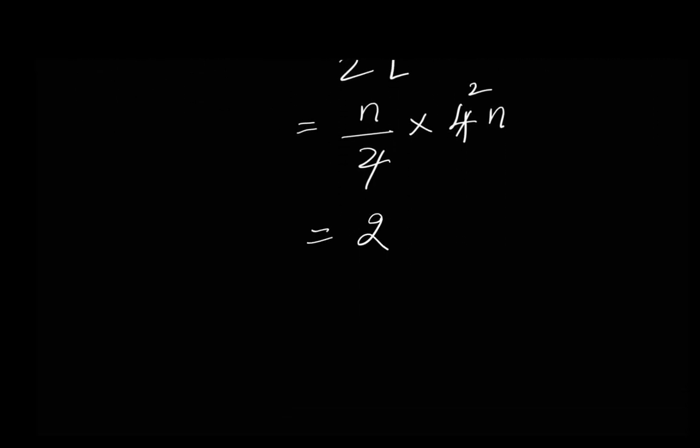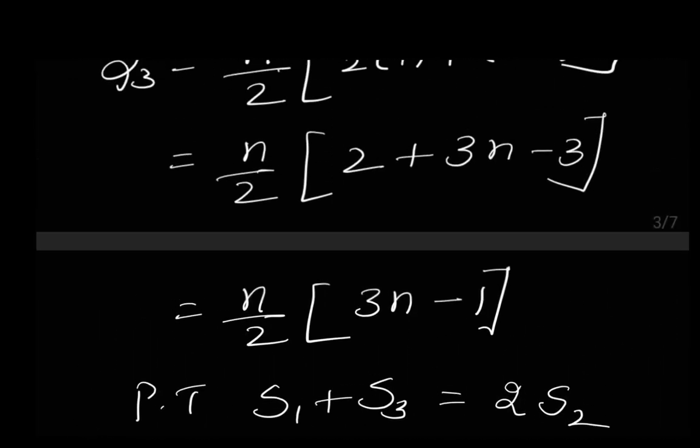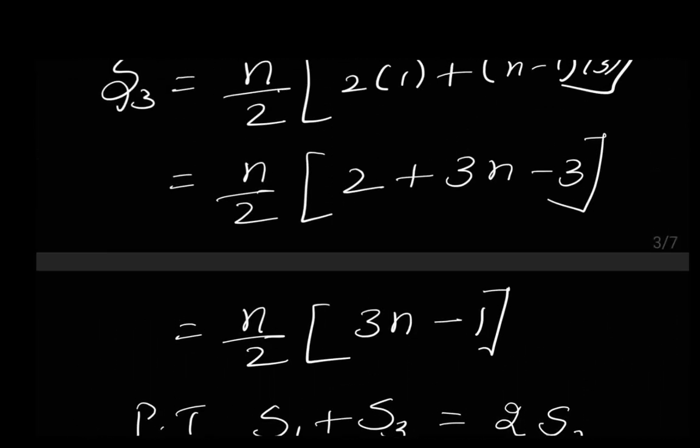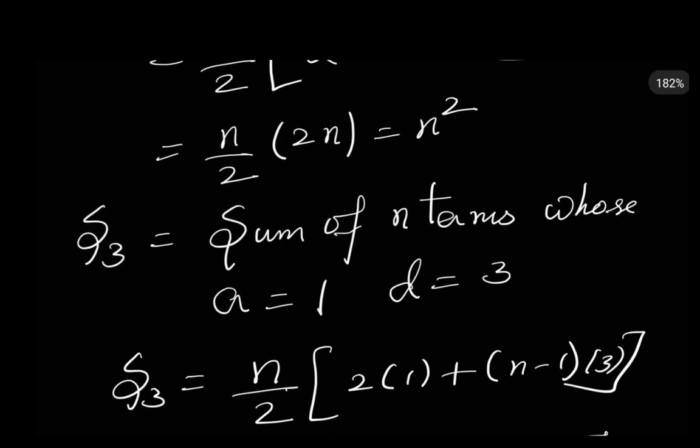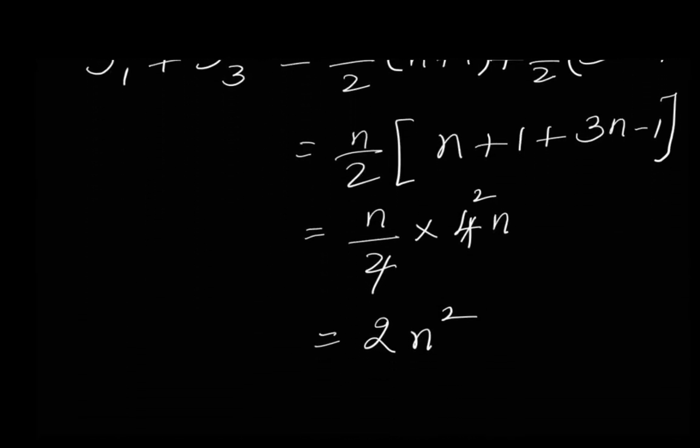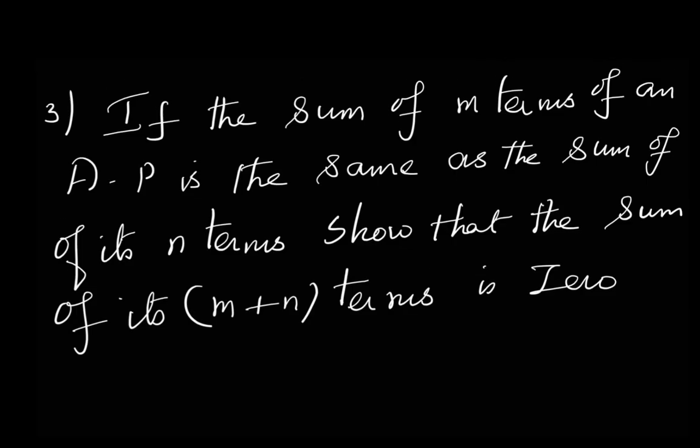So you are getting 2n squared. But you are supposed to prove 2S2. So what is S2? n squared. So 2 times S2. So this is our right hand side answer. That's all.